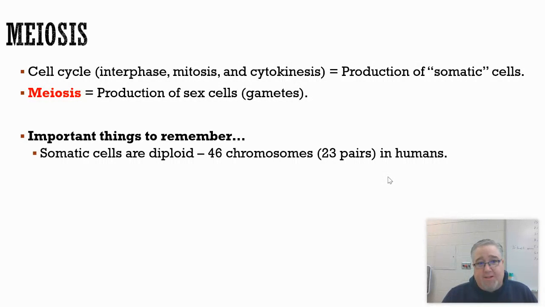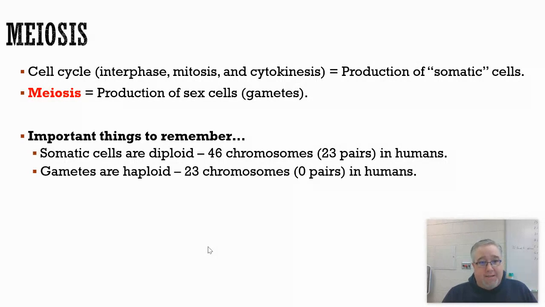There are a couple things that we have to remember. The first thing is that somatic cells are diploid, right? So stomach cells and skin cells and blood cells have 46 chromosomes, 23 pairs. Whereas gametes, sex cells, have 23 individual chromosomes, 0 pairs.